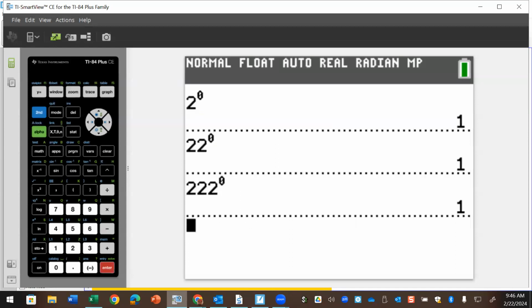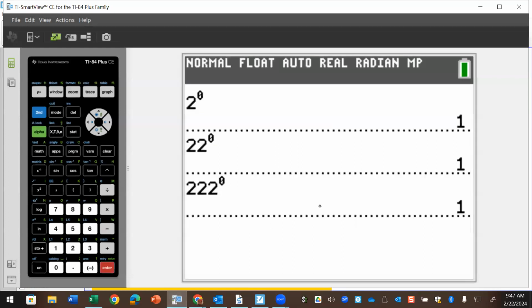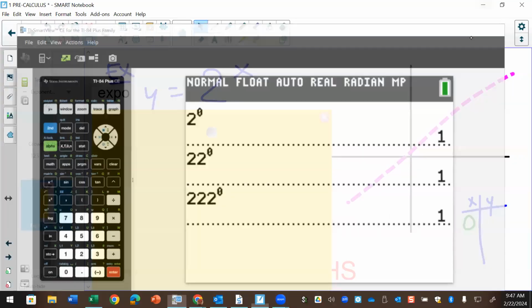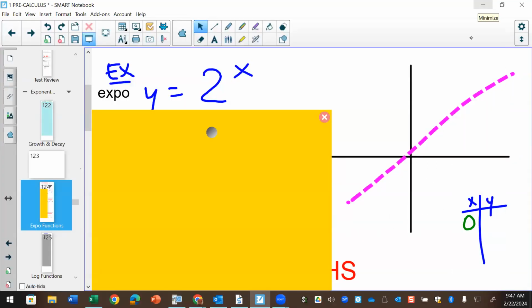So 2 to the 0, 22 to the 0, 222 to the 0, doesn't matter. They all equal 1. So all that told us is our first dot is at (0, 1). Put it there and be a good labeler.